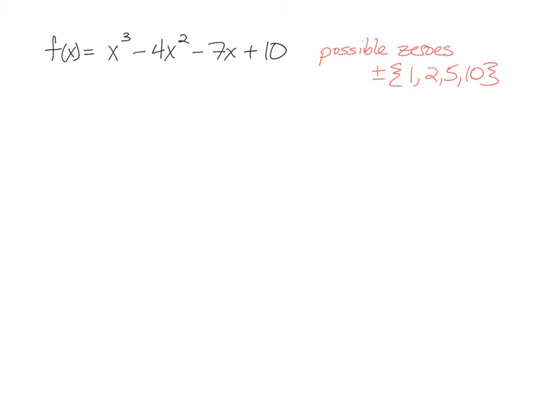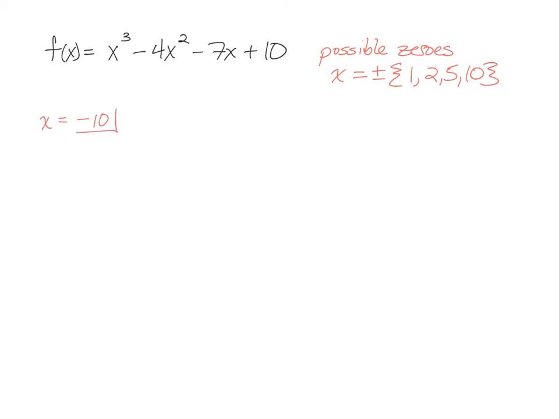So we pick one. All of these zeros are x values, x equals, and they correspond to some factors that we can look at soon. So I'm just going to randomly pick one. Let's pick -10. So I'm going to say x equals -10.